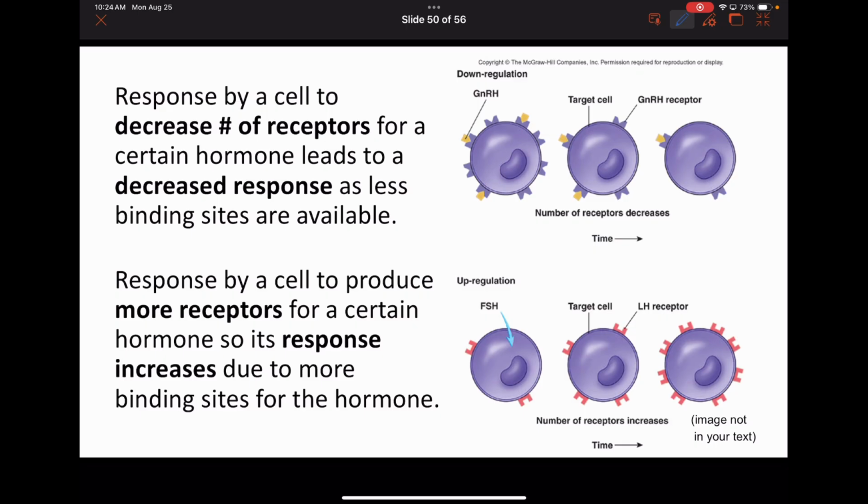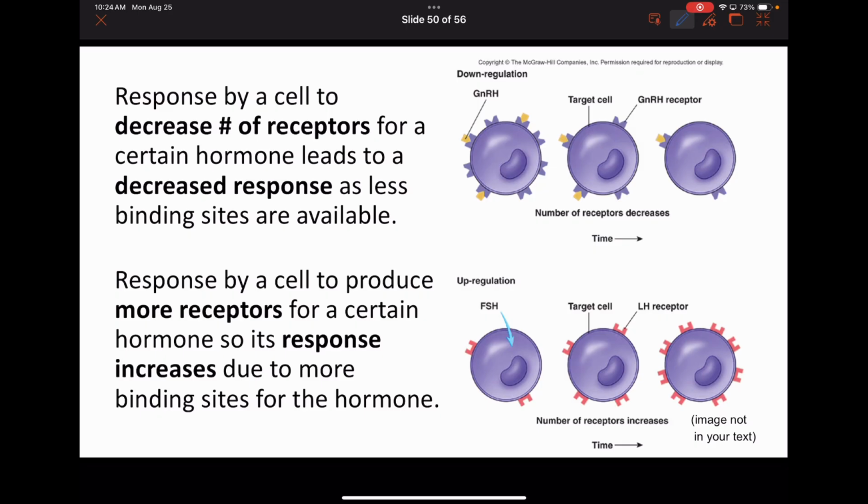In order for ovulation to occur in a female cycle, and we'll talk about this at the very end of the semester, we have to have something called an LH surge. There has to be a really big increase in the response of LH in order to cause ovulation to occur. So at that time, the number of receptors is going to increase to allow for that surge and to allow ovulation to happen.